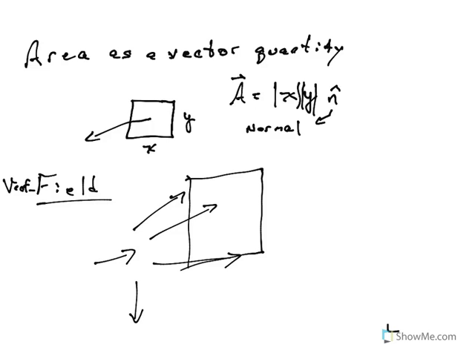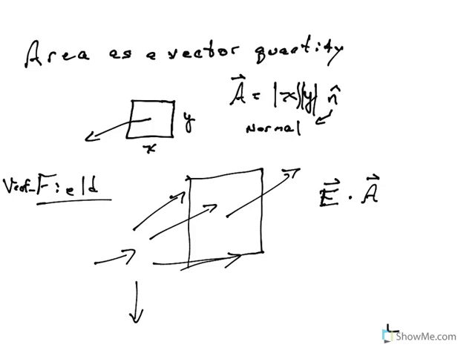So the way we get it is we say, okay, we have our vector field. Let's call that vector field E. And we want to know how much of this vector field E points straight through this window. So we're going to do the dot product with our little area vector. So if this window has an area, let's say the area is pointing that way, and we want to know how many of these arrows are in the same direction, because those are the arrows that are going through the surface.